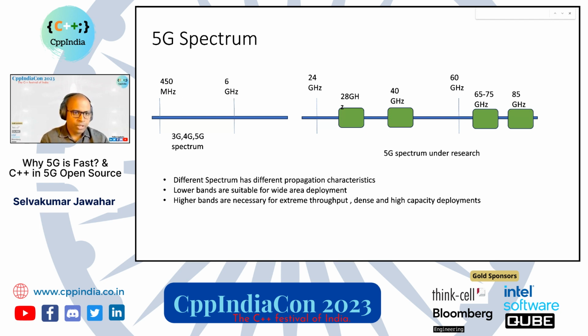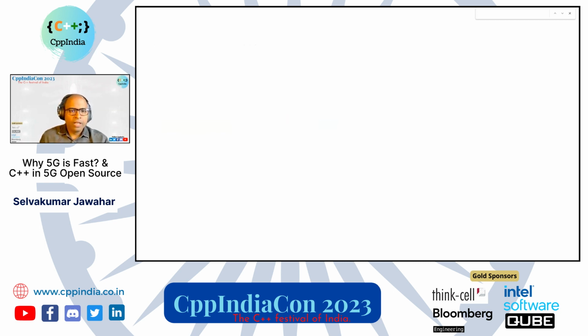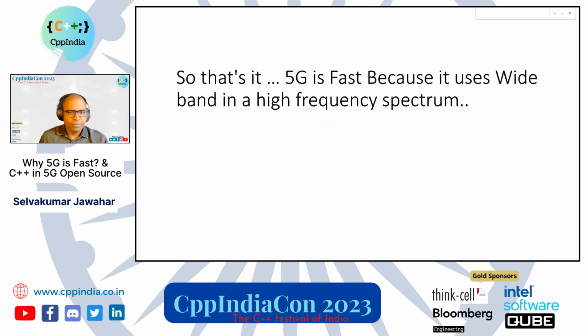And because 5G works on this wider band, it has very high throughput. So 5G is fast because it uses wide band in a high frequency spectrum, so it has bigger bandwidth and its throughput is very high. That basically answers the question why 5G is fast.